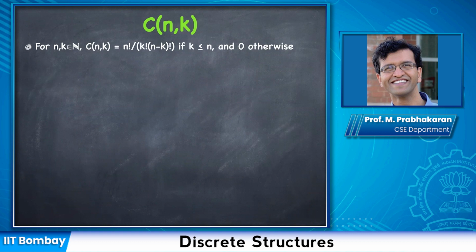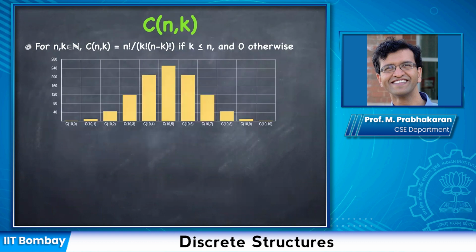Let's spend some time trying to get a better sense of this quantity. So this is the formula for Cnk, but you may get a better sense of how it behaves by looking at a plot like this. I plotted C10k for various values of k from 0 to 10. Beyond k equal to 10, this is 0.